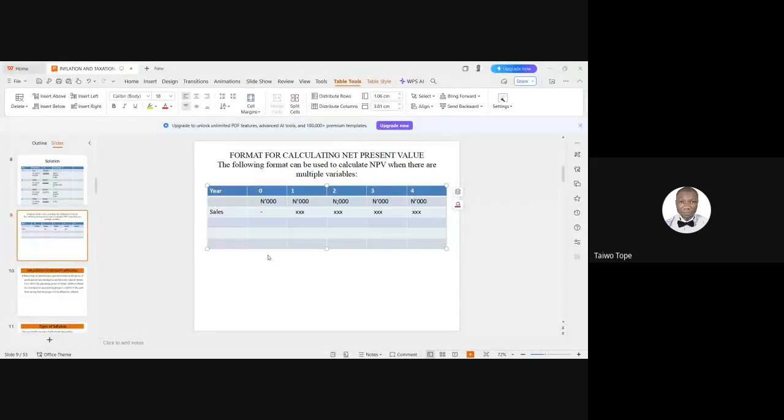When we talk about fixed costs, are fixed costs relevant? No, sir. Irrelevant, sir. Yes, but take note, some fixed costs can be relevant: incremental fixed cost.